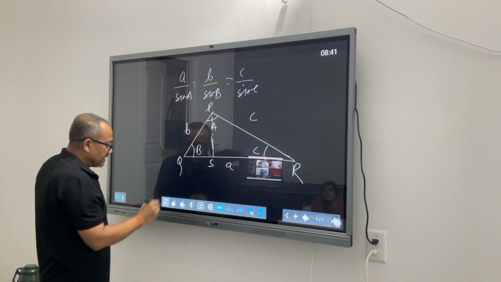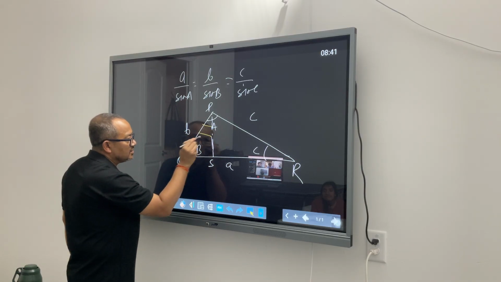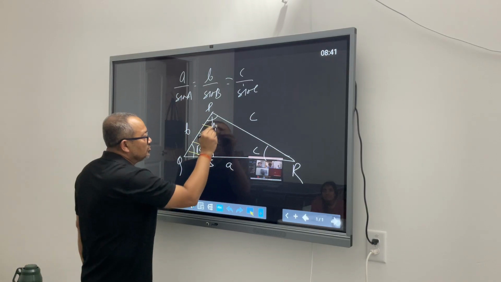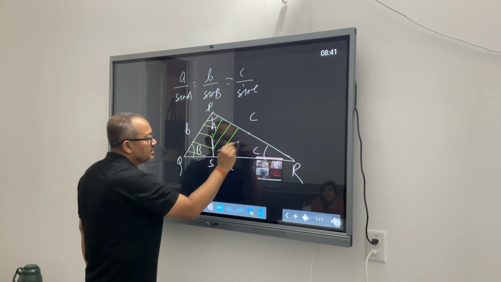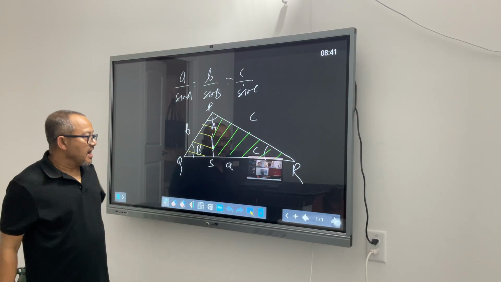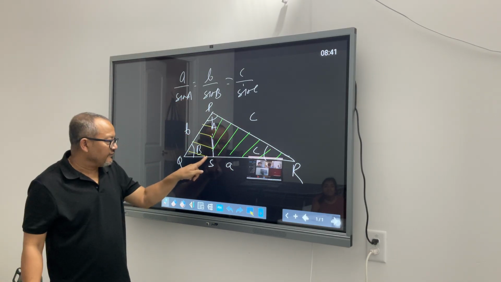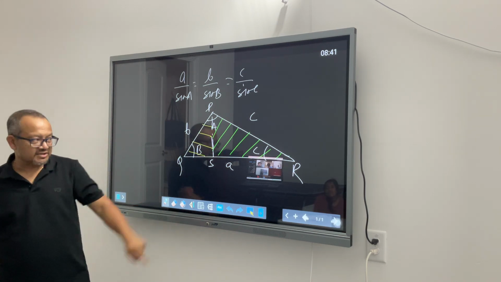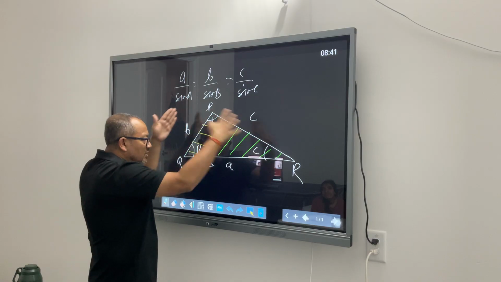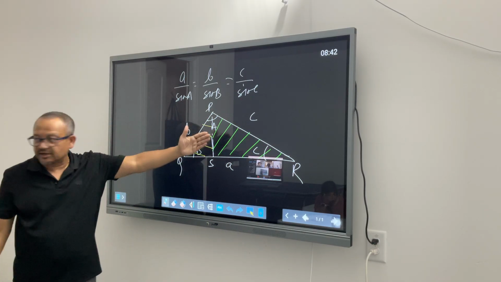Now, let me make it colorful. So, the triangle that I had, PQR, I dropped a perpendicular from the point P onto this side, which met this line at point S. Now I have two triangles. I had one boring triangle which I converted into two interesting triangles, one yellow color, one green color.